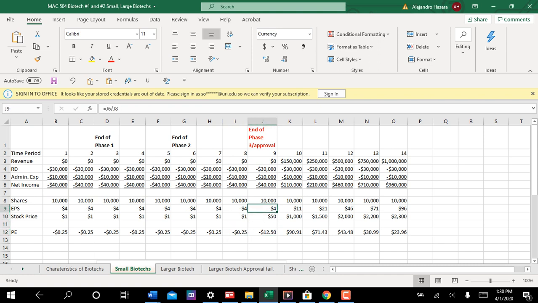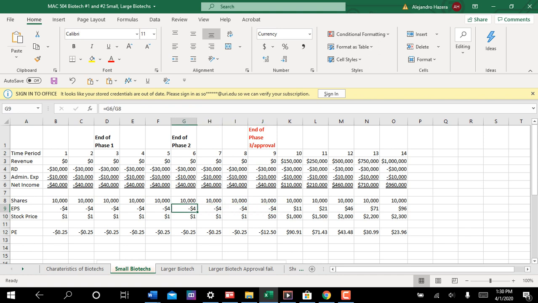But then when the drug is approved and you actually start making positive income, then the earnings per share become positive, and then you get a large positive PE, because a lot of times sometimes they go through the roof. I've seen instances where you go from a negative PE ratio to a PE ratio of 1,000 something. The bump can be that large. Okay, so, but this example is good enough for illustrating the concept.